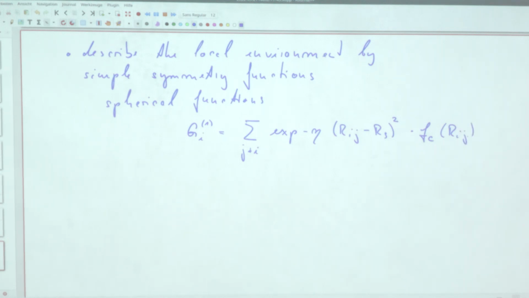So what are these parameters? This function fc is just a cutoff function, as we saw before.